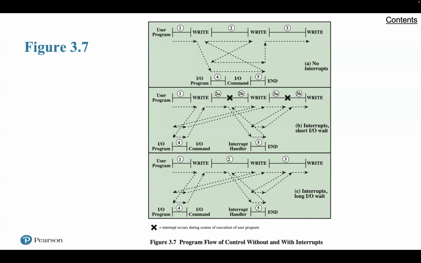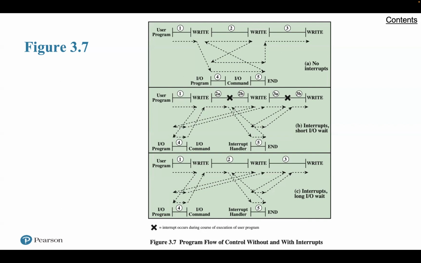There's a sequence of instructions labeled 4 in the figure to prepare for the actual I/O operation. This may include copying the data to the output into a special buffer and preparing the parameters for a device command. Then the actual I/O command, without the use of interrupts. Once this command is issued, the program must wait for the I/O device to perform the requested function.